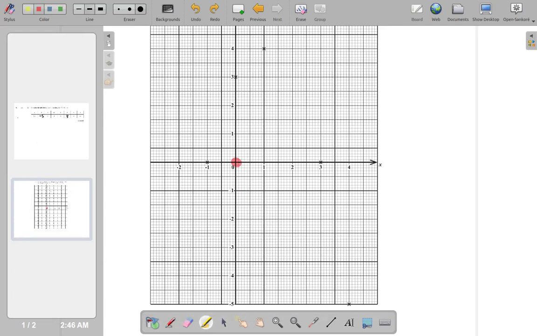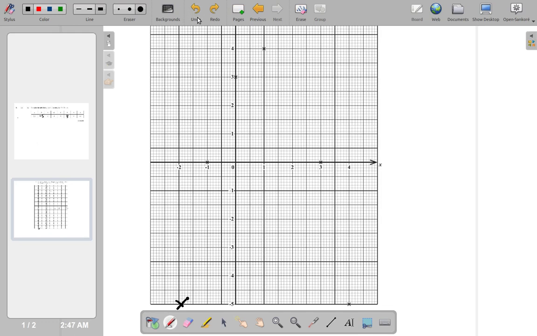So you're going to identify where negative 2 is, which is right here. You move horizontally to negative 2, then vertically to go beside negative 5, and it's going to be at this point. Alright, so negative 2, negative 5 is located right here.